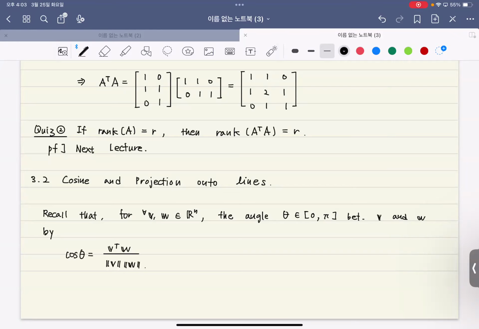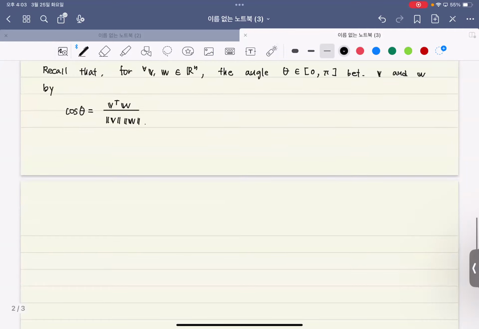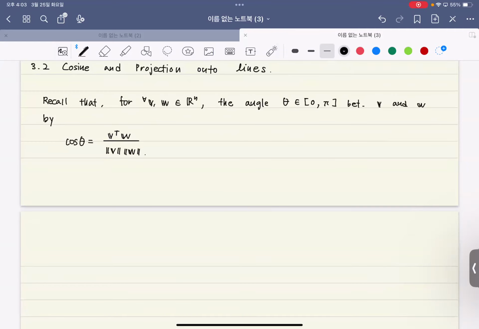This is our definition of the angle. Now, first, we want to find a projection formula onto a one-dimensional subspace. Choose any two random vectors in n-dimensional space, and I require that this vector be non-zero.